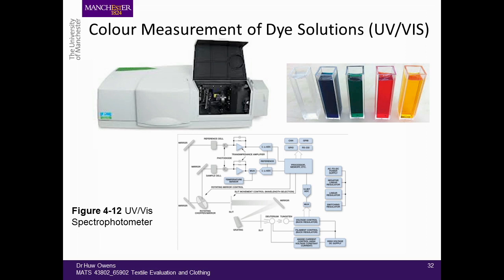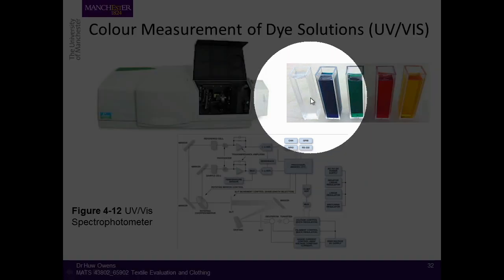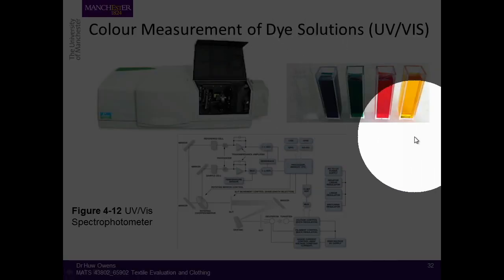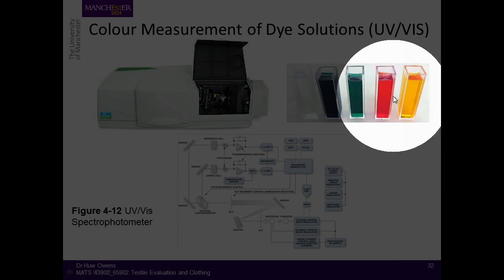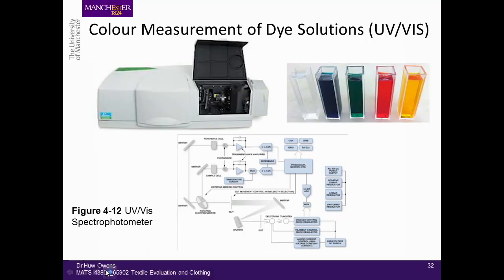So the reason for this blank is just to take away the contribution of any auxiliaries and solvents that you might use, and the contribution of the glass. So we take 2 of these, one blank, and then the coloured sample that we're interested in. And then we pop them into this machine, and there are 2 little stands for them to go on to.